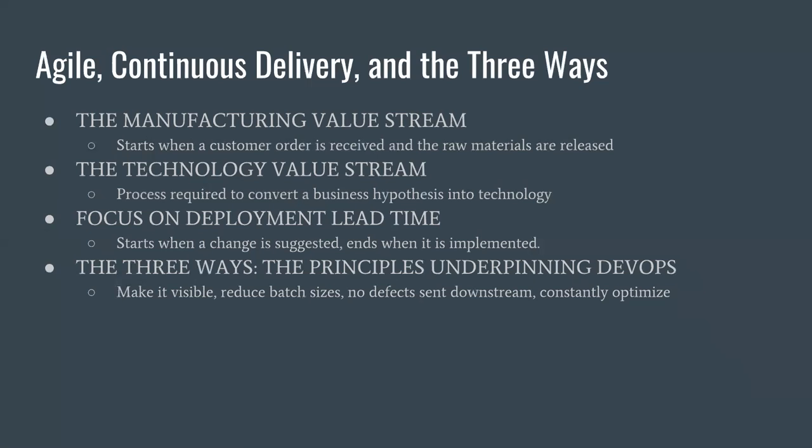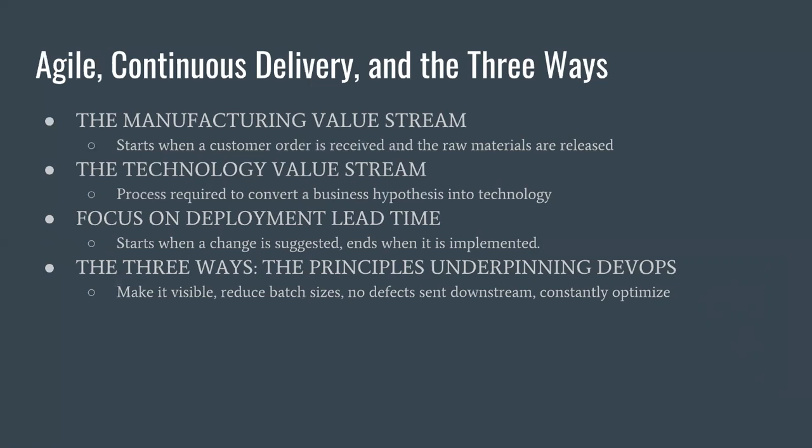Now, first of all, we're going to compare that with a manufacturing value stream because that's what it's essentially compared to. And I think back to the first assembly line set up by Henry Ford, and he wanted to streamline that. Now, that streamlining was certain areas were good for manufacturing, and some of those areas will come over to technology, but not all of them.